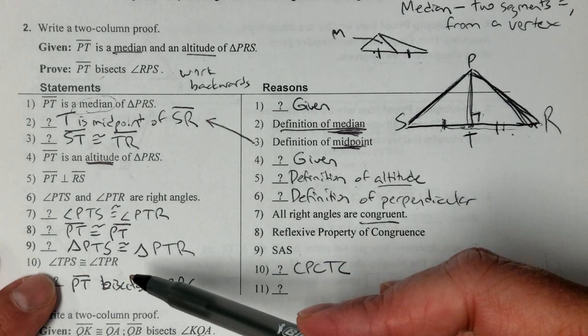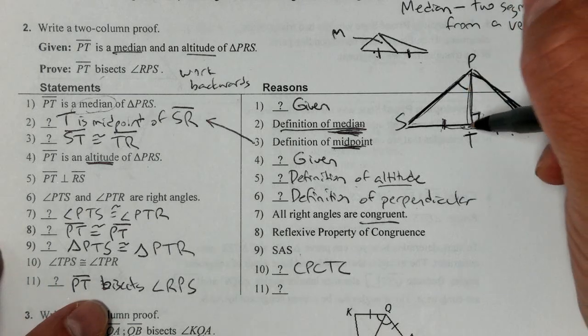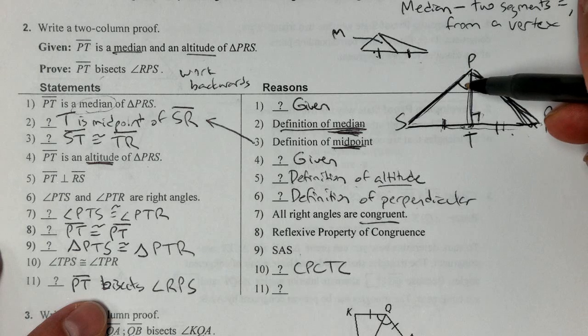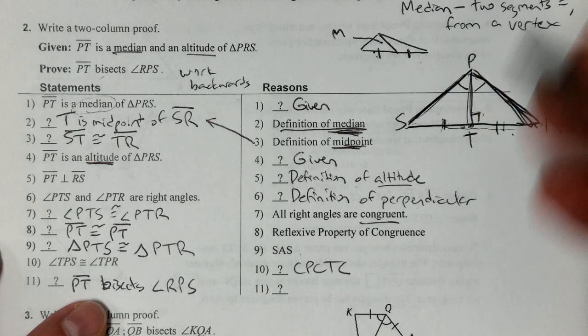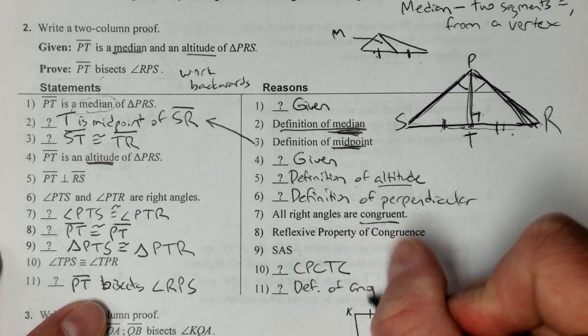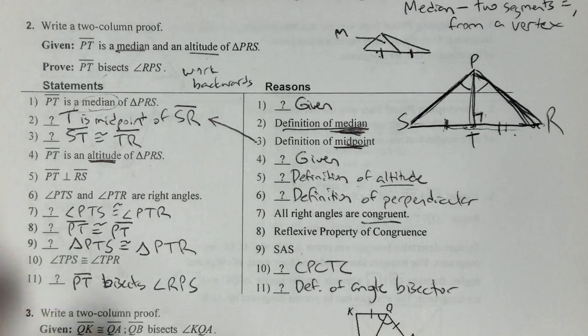So let's see, TPS was this angle and TPR is this angle. So that means this is an angle bisector. Definition of angle bisector.